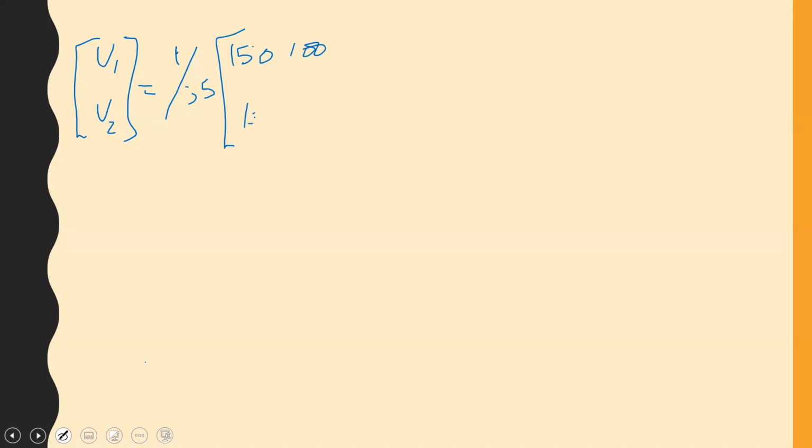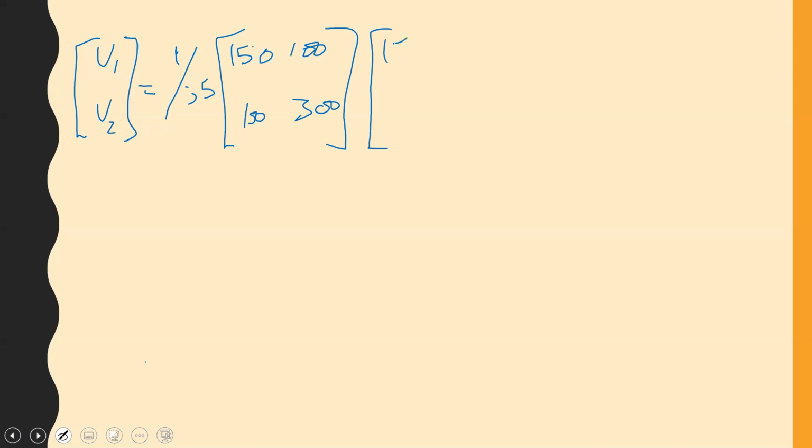You can leave V1 and V2 over here, and that's equal to 1/35. We had 150, 100, 100, and 300. And then you can make the substitutions for the I1 on this side.